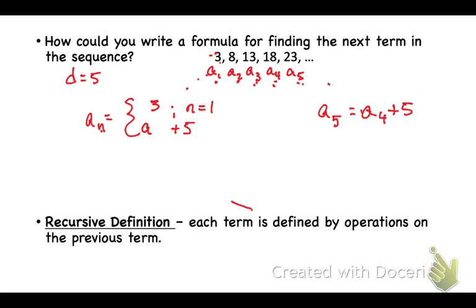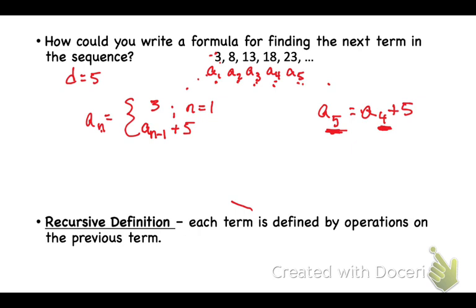Now this was an n, and this was an n. So n minus 1. If this is 5, what's 5 minus 1? 4. Okay, so this tells me that I would have to have the one before it to get to the next one, wouldn't I?